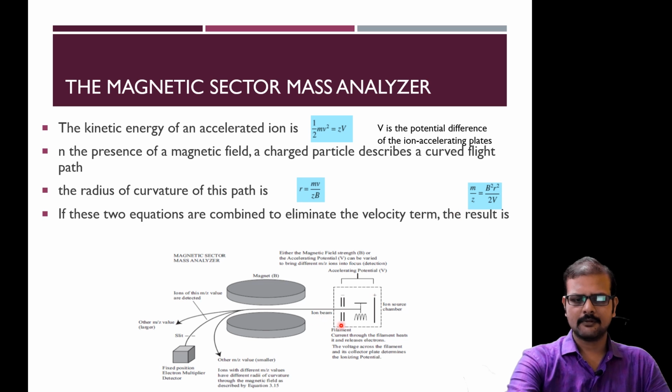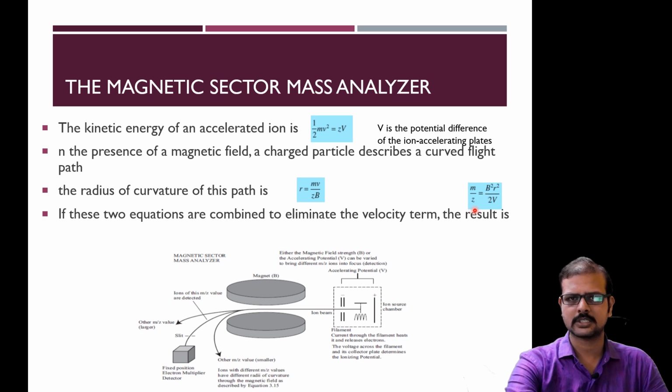From the ionization chamber, the molecular ion enters the mass analyzer where the mass is analyzed. For this we need high energy magnets. Why? Because the mass to charge ratio depends upon the magnets, the square of the magnetic field: the more the magnetic field, the more the mass to charge ratio is detected.